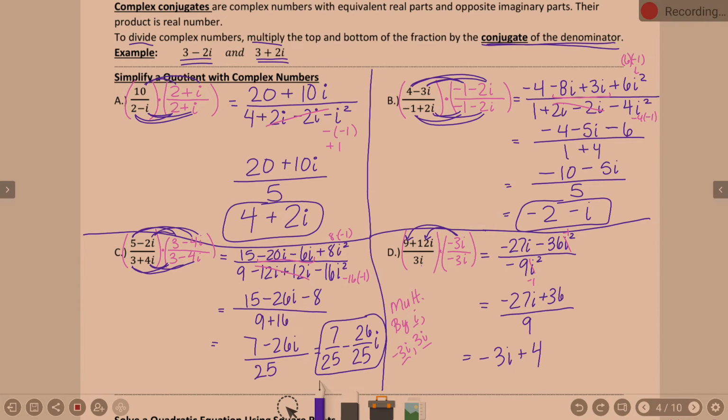So I have negative 3i plus 4, which is also written as 4 minus 3i. It doesn't matter anyway. Officially, if they say a plus bi form, 4 minus 3i is your official form. Negative 3i plus 4 is equivalent. They sometimes just get nitpicky in this situation.